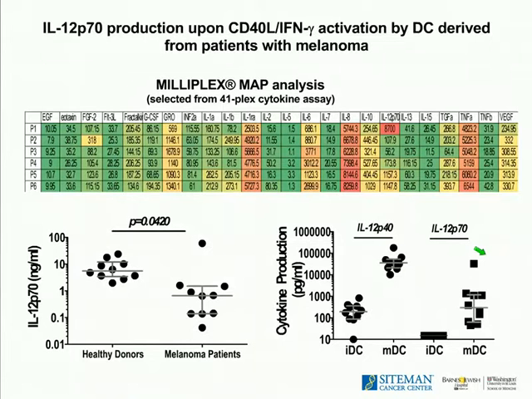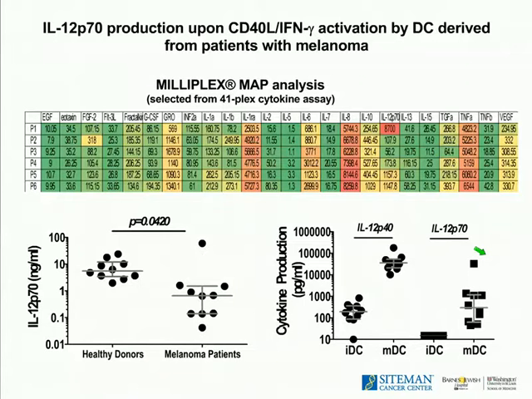And what you see here, I am showing you the production of P40 or P70 by immature dendritic cells, indicated here as IDC, or mature dendritic cells. And what you see is that there is no defect in the patients in production of P40.